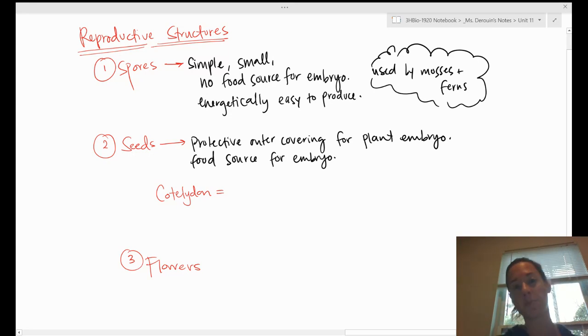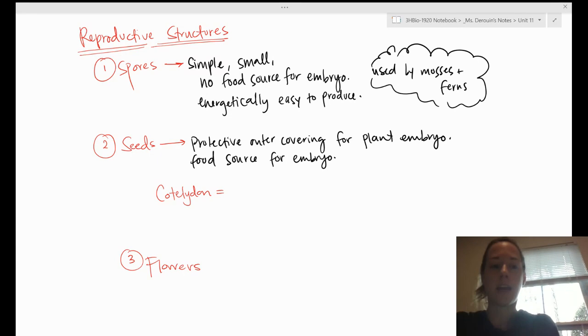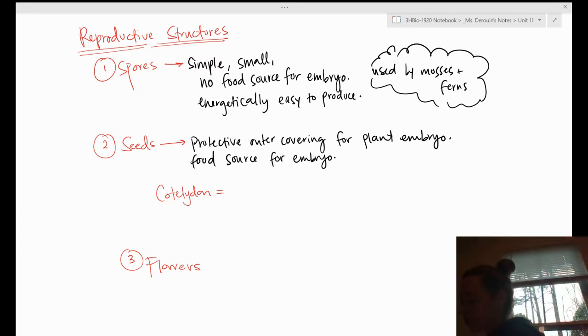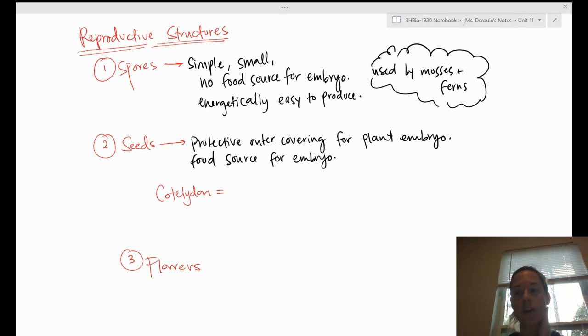And they're nice because a spore has to land in a favorable location in order for it to germinate and grow into a new plant, whereas a seed could land in a less favorable location and still survive because it does have that protective outer covering that the spore doesn't have. So it takes more energy for the plant to produce a seed, but overall it is beneficial and worth the energy because of the protection that the baby plant will get.